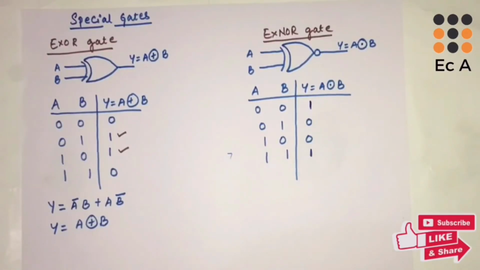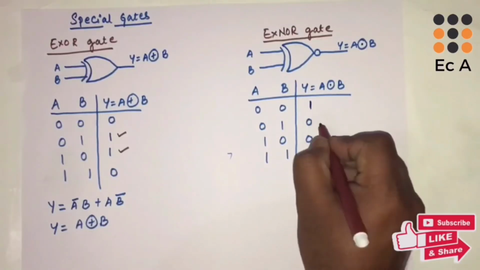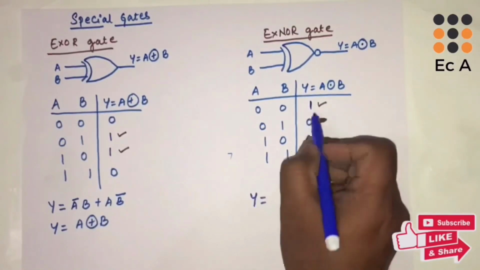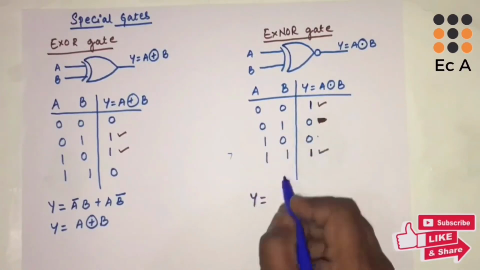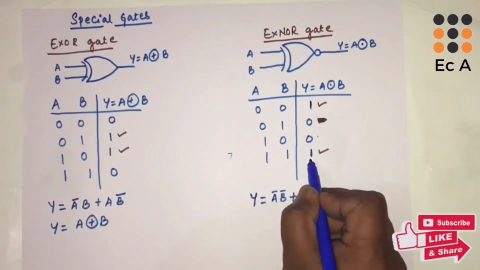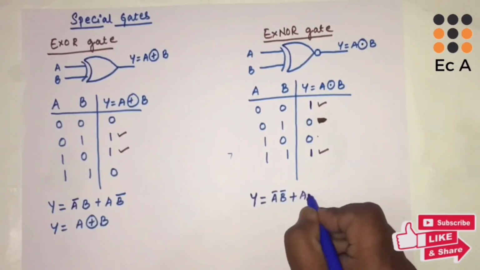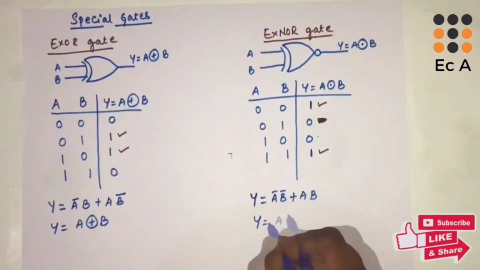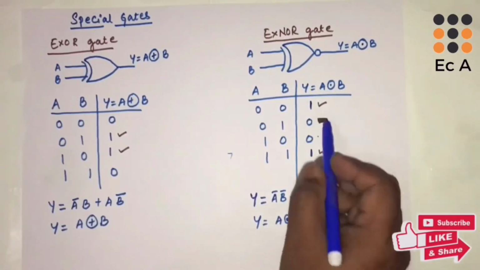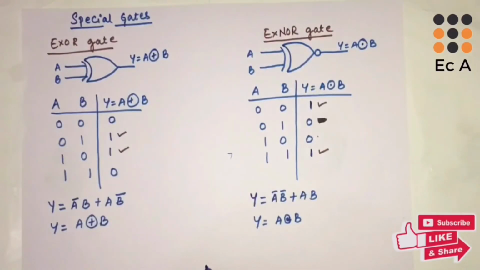So from this we can write the logical expression for XNOR gate. So Y is equal to, here we are getting 1, so we can write it as A bar B bar plus, here we are getting 1, so we can write this as A B, which is A XNOR B. So from this truth table itself, we can identify the complement of XNOR gate.